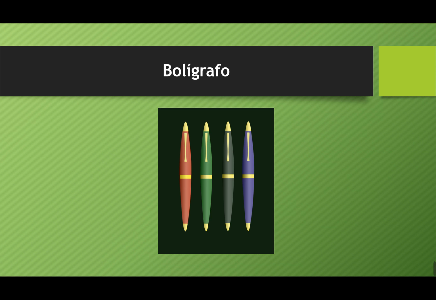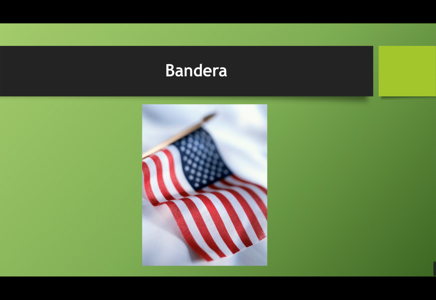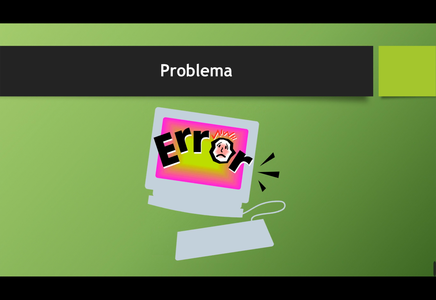Bolígrafo, ¿el o la? El bolígrafo, masculino. Bandera, ¿el o la? La bandera. Problema, ¿el o la? El problema, one of those "Emma" words, right? We gotta pay attention to those. El problema.